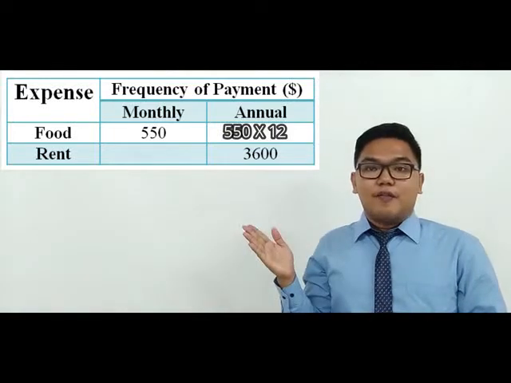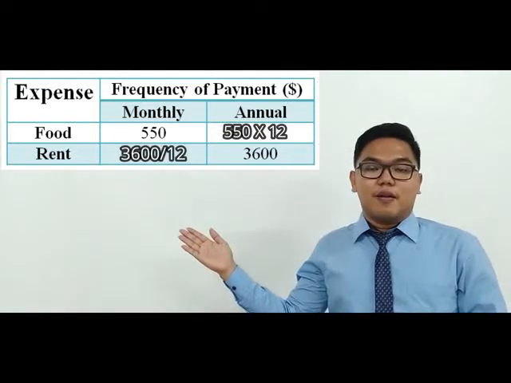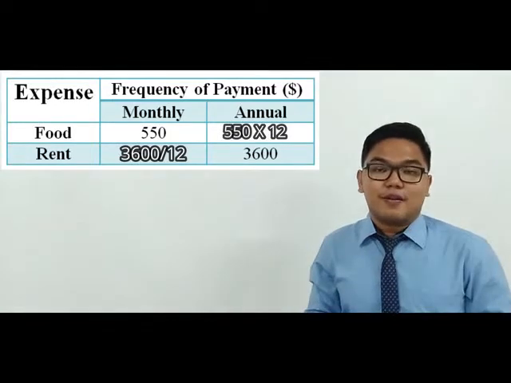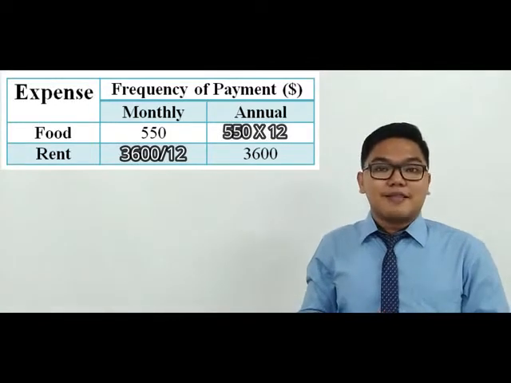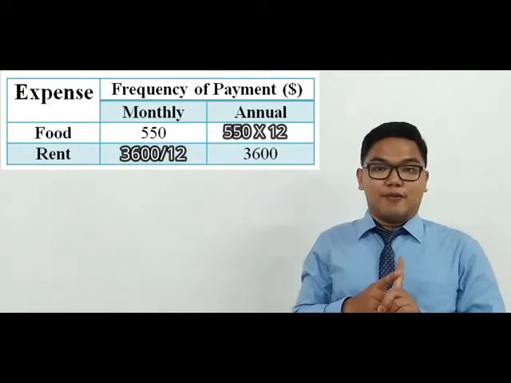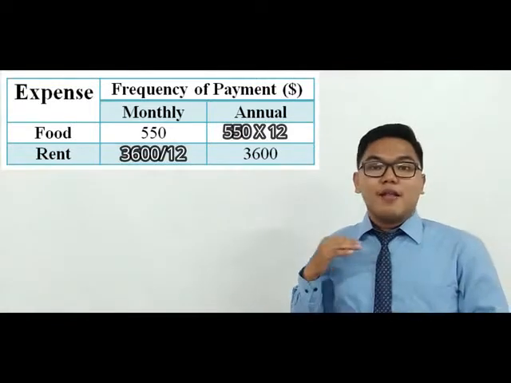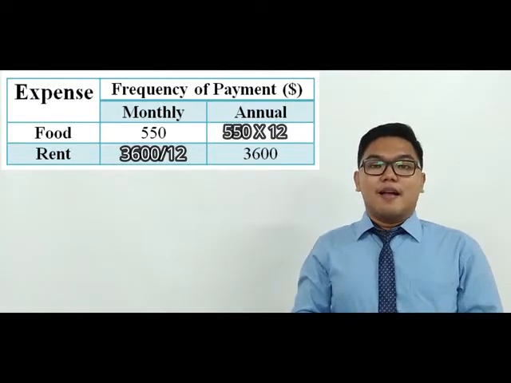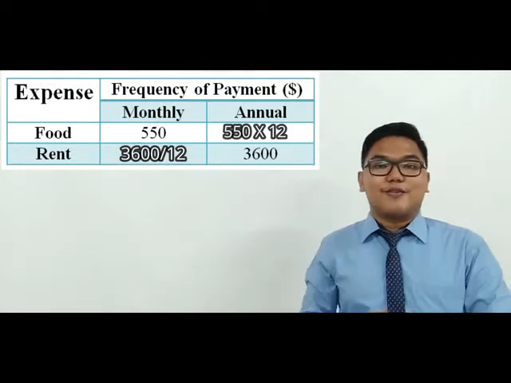Next, for rent, this amount of money is the rent for 1 year. So to figure out how much the expense is for 1 month of house rent, you simply divide this number by 12. Then you get the monthly expense for house rent.